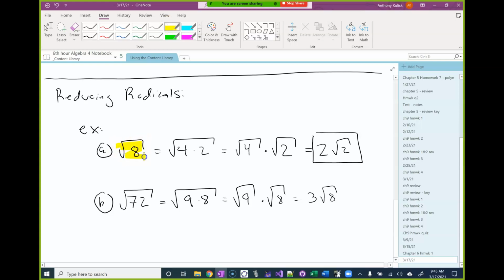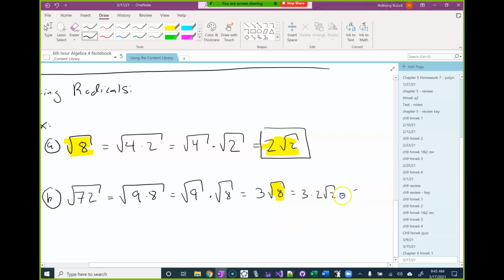No. And in fact, we know what the square root of 8 is, because we just did it in the previous problem. The square root of 8 is 2 square root 2. So then we have 3 times 2 square root 2, or 6 square root 2.